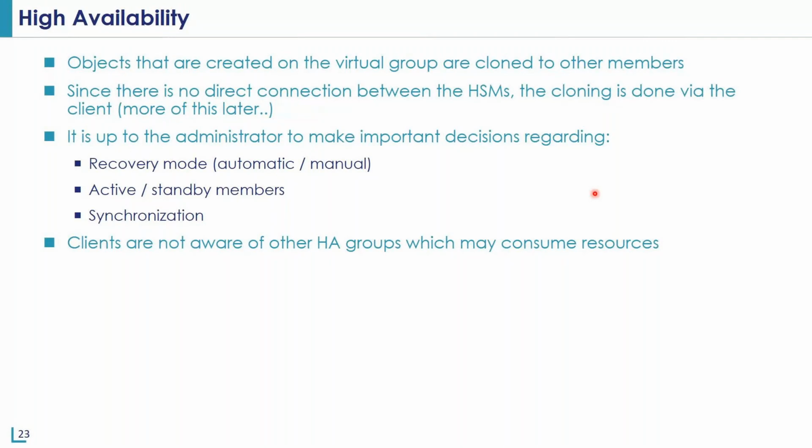If it is a PED based HSM, if it is a password based HSM, then all members have the same password for the cloning domain. As there is no communication between the HSMs, this cloning, this replication will also be done via client libraries. So Luna client is very, very important in terms of your HA operation. Everything will be managed by your Luna client.